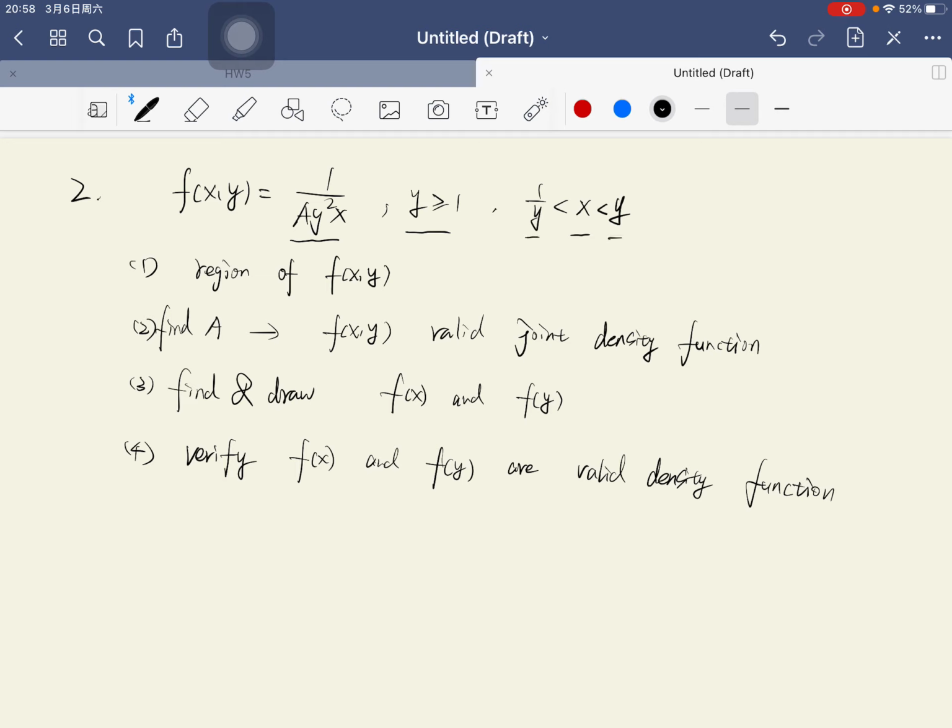In this question, at first we want to draw the region of the density function of (X, Y).